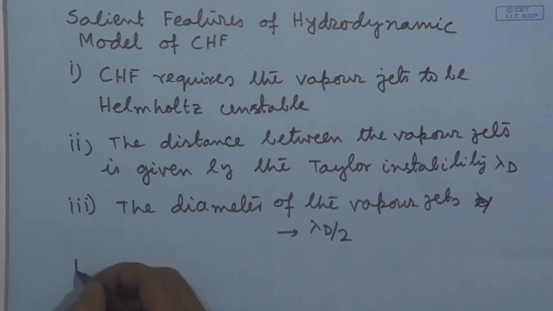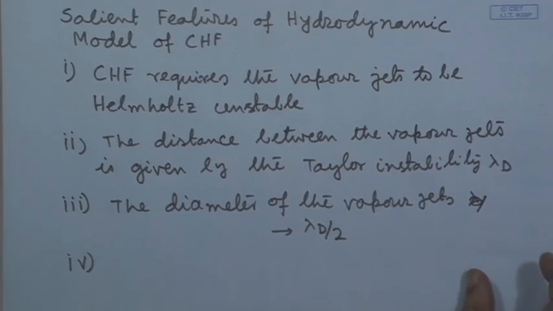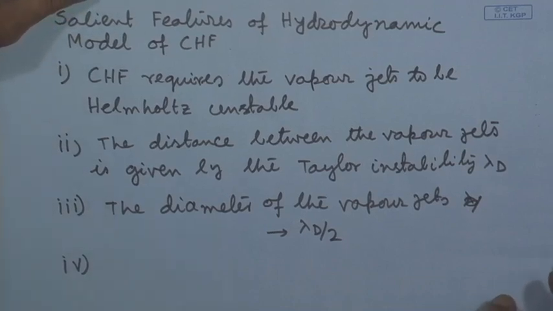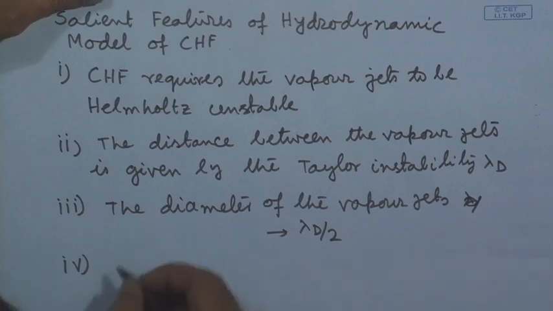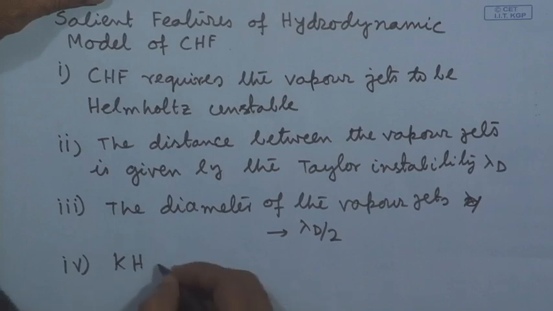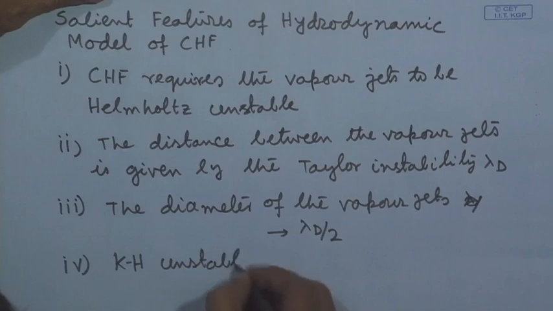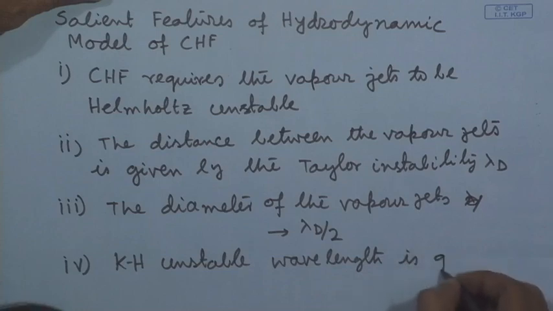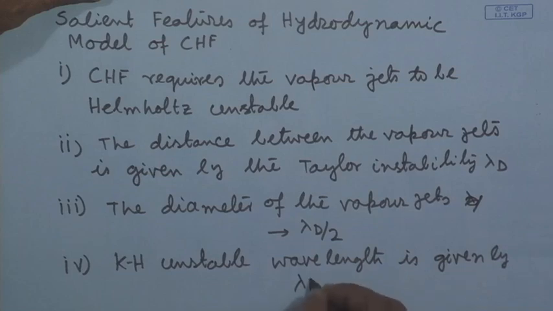Then another assumption, made basically by Lienhard and Dhir: the Kelvin-Helmholtz unstable wavelength is given by lambda d.